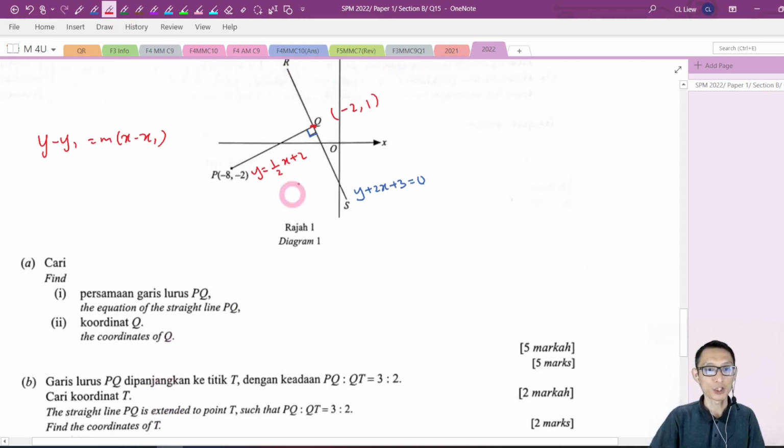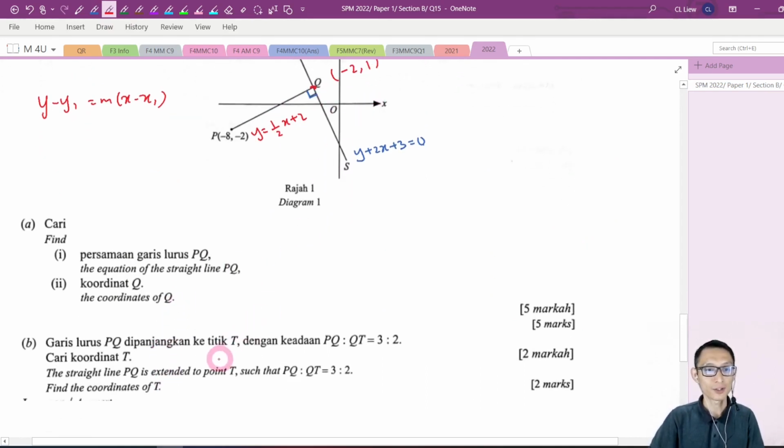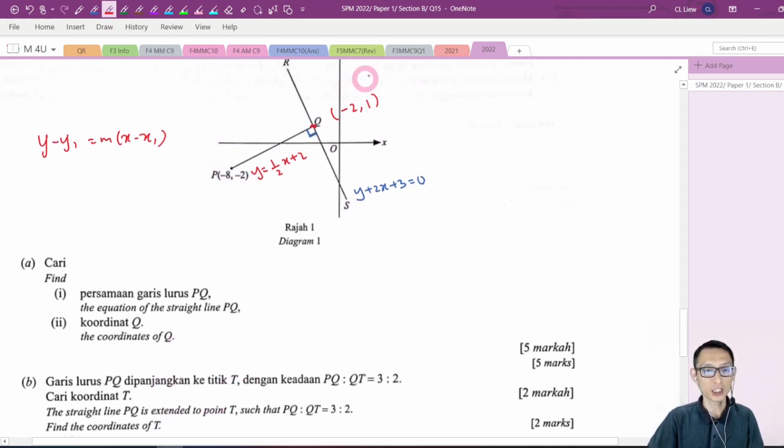The straight line PQ is extended to point T such that PQ is to QT is equal to 3 is to 2, find the coordinate of T. So let me draw this line horizontally like this, so it's easier for you to see.